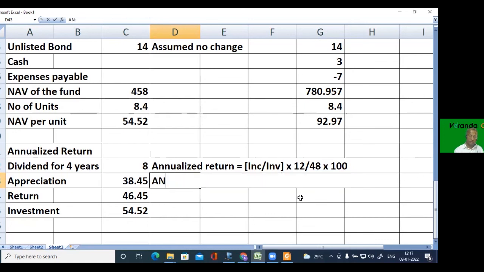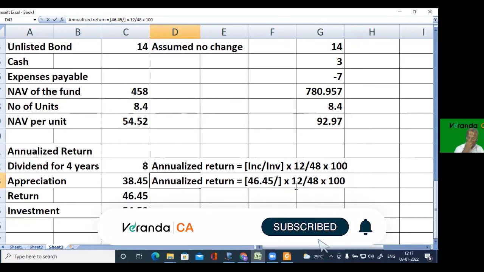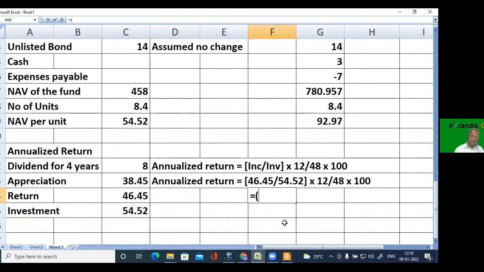Annualized return: income is 46.45, investment is 54.52. This divided by this, sorry, multiplied by 12 divided by 48 into 100.